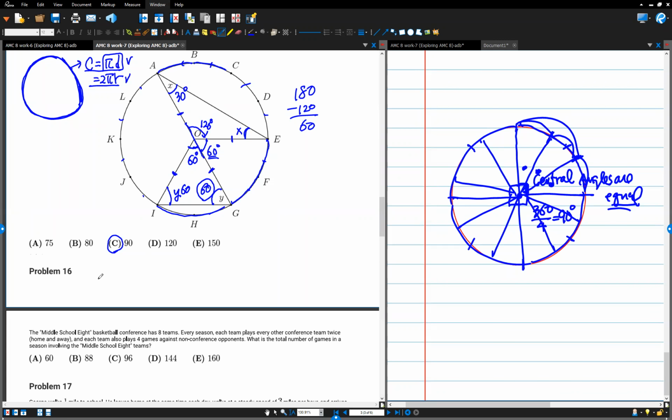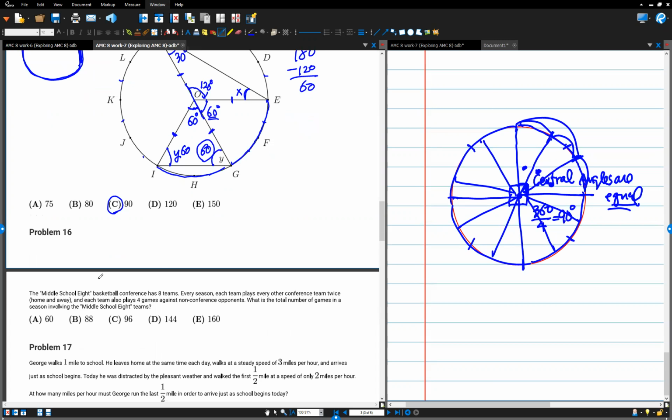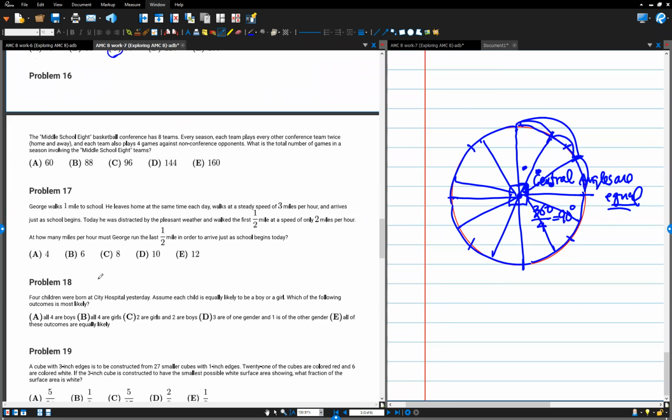Okay, number 16. Okay, number 17. Okay, number 18, probability. Maybe we need a little more work on this probability.